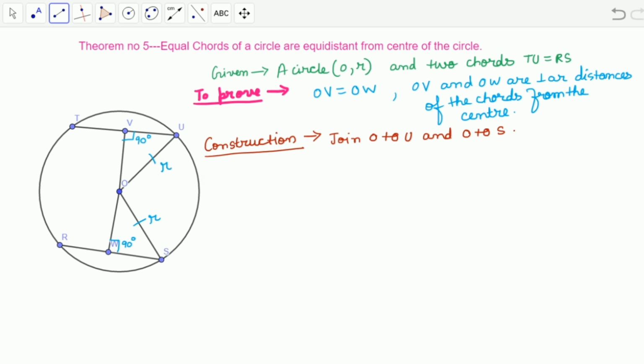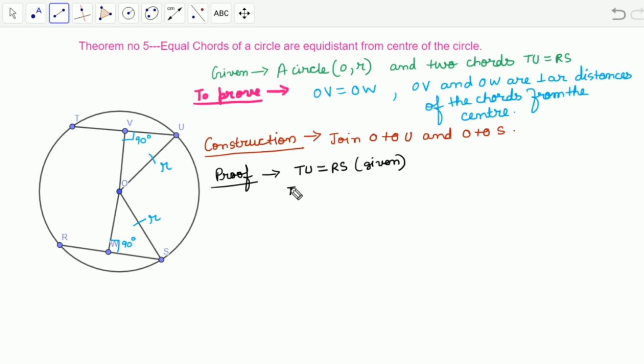So proof. Firstly, is it given that the two chords are equal, that is TU equal to RS? Yes, it is given. Do we know from our previous theorem, if a perpendicular is drawn from the center to the chord, it bisects the chord?